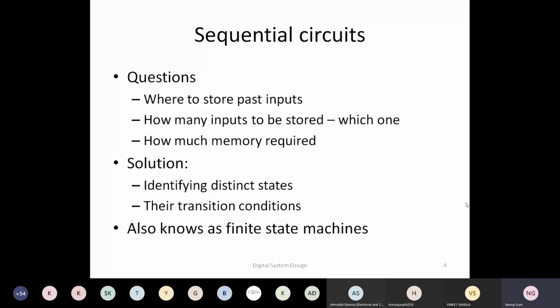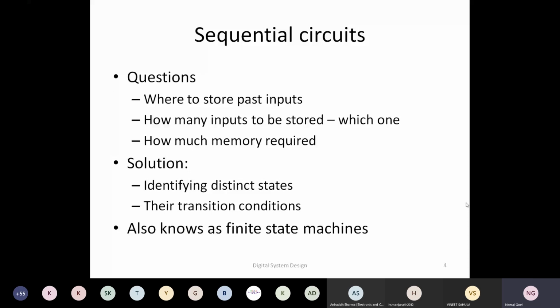This even parity and odd parity state can be transitioned based on the current value, whether it is 0 or 1. That way, although it is an infinite memory system, it can be represented using finite states. The only thing is we have to recognize and identify those distinct states which are present due to this infinite memory.